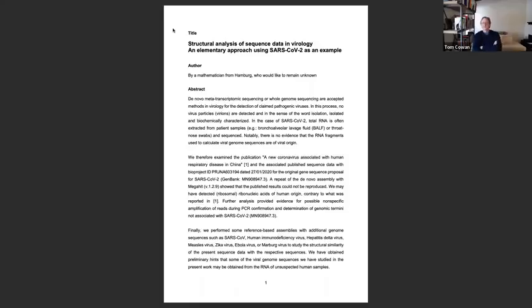So if you can prove that this genome is fraudulent, then obviously every subsequent genome or every subsequent primer, which is the basis of the PCR test, is obviously fraudulent because they're all based on this template.